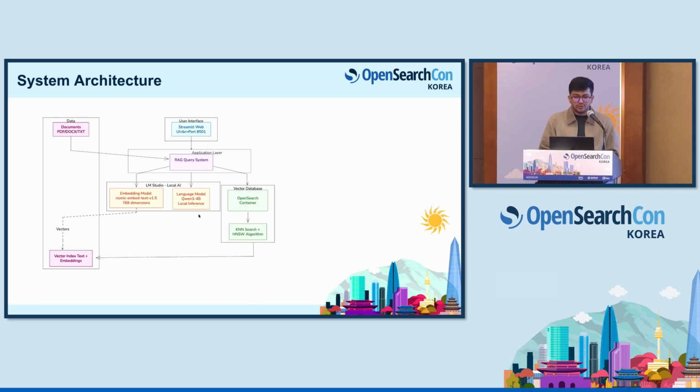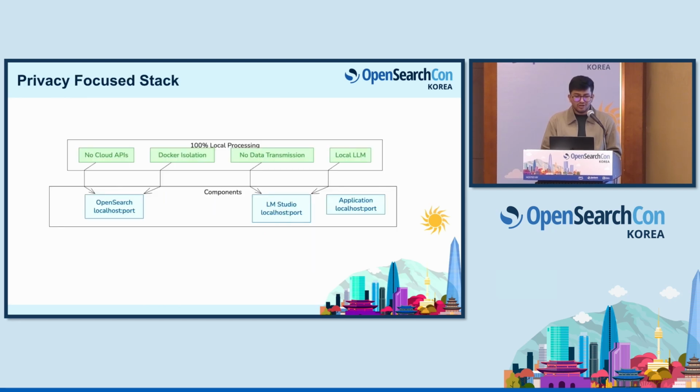For the vector database, I have pulled up an OpenSearch container locally, and on top of that I'm performing KNN, K-nearest neighbor, with HNSW as the algorithm performing the vector search in OpenSearch. So I'll walk you through how it is a privacy-focused stack.